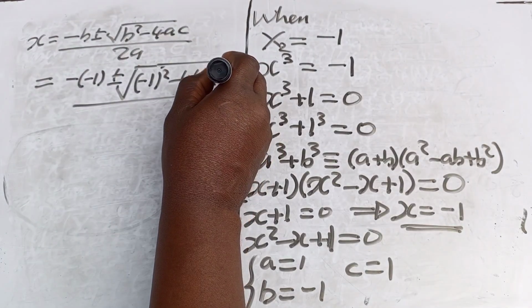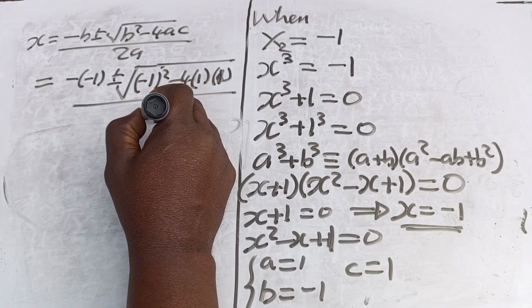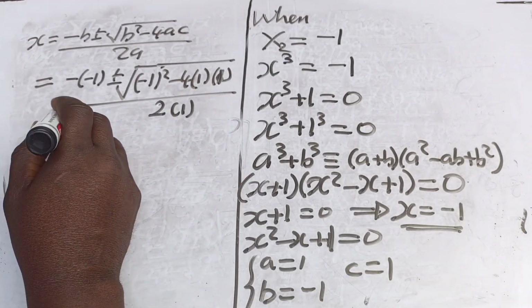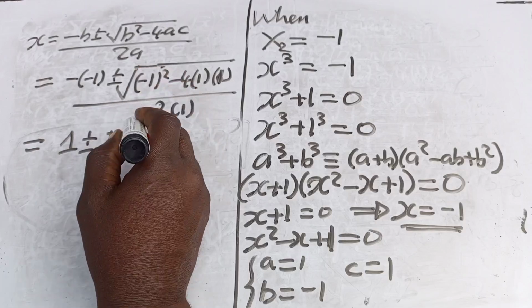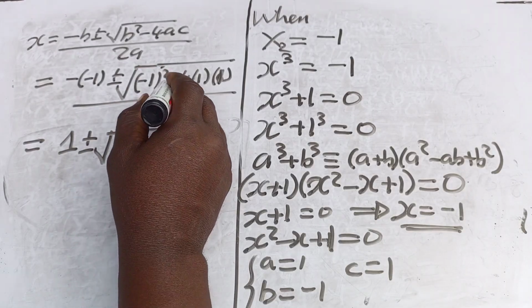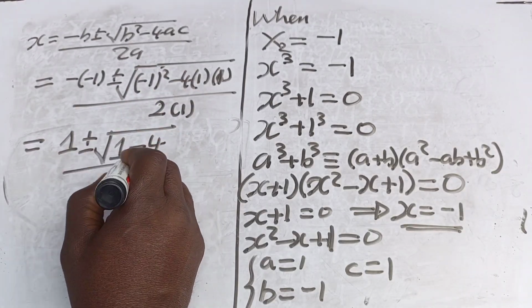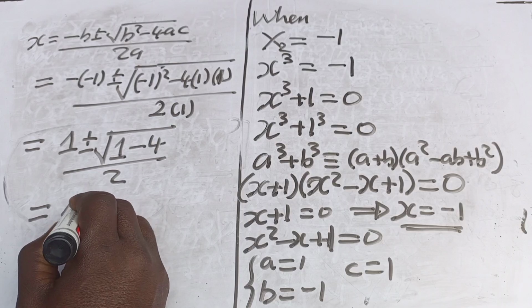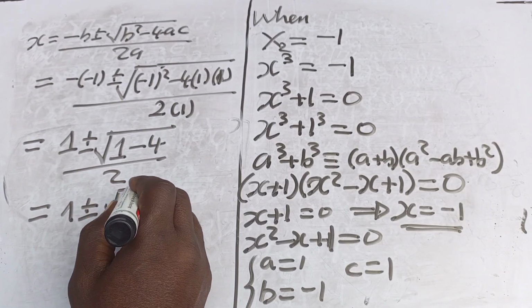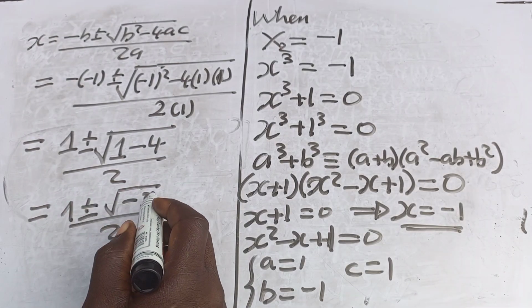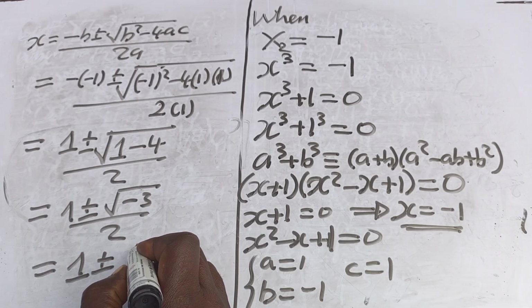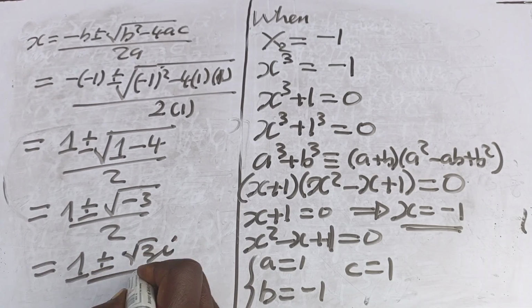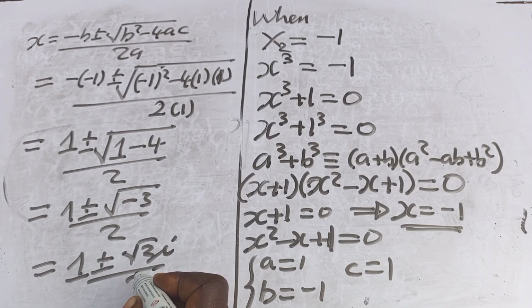All of that divided by 2. So we have negative plus minus the root of -1 squared is 1 minus 4 all over 2. So we have 1 plus minus the root of -3 all over 2. Root -3 we all know is root 3i all over 2.